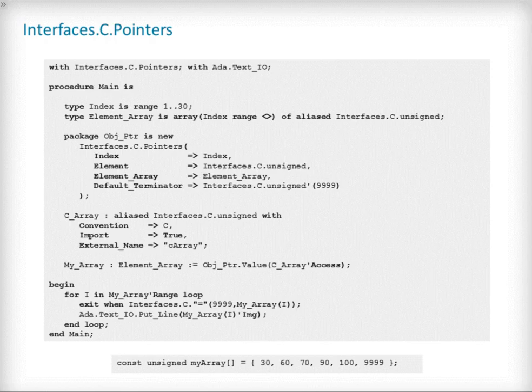The generic allows two styles of usage, one in which the array is terminated by a special terminating element, and the other in which the programmer needs to keep track of the length. This is achieved by providing two versions of a function called Value that dereferences a pointer and delivers the designated array, one provided with the terminator and the other with a length.